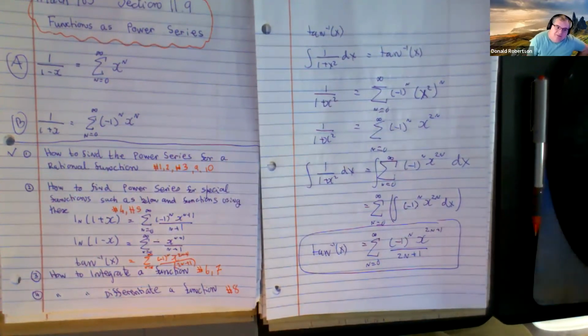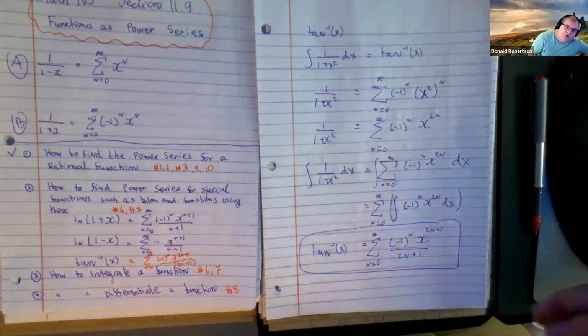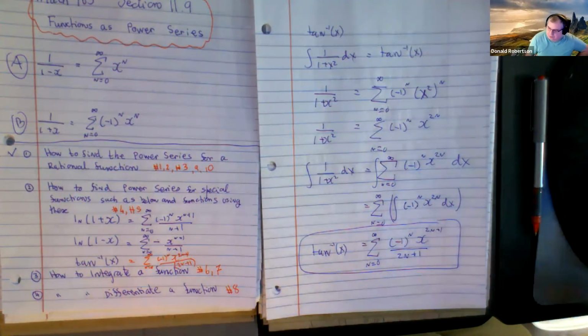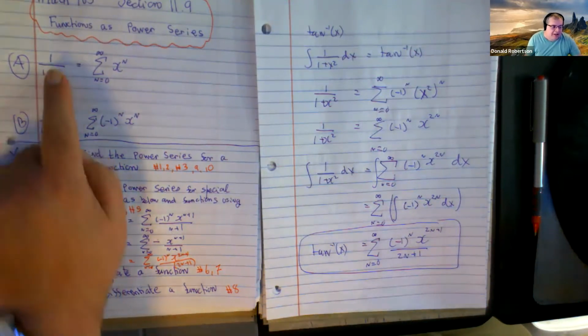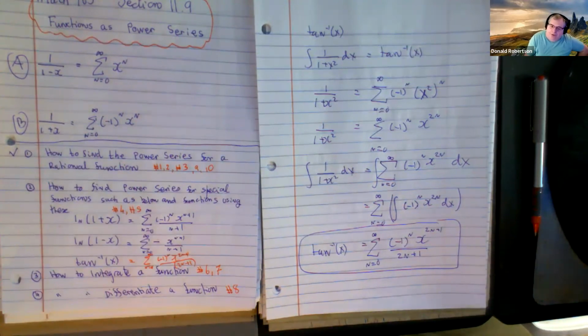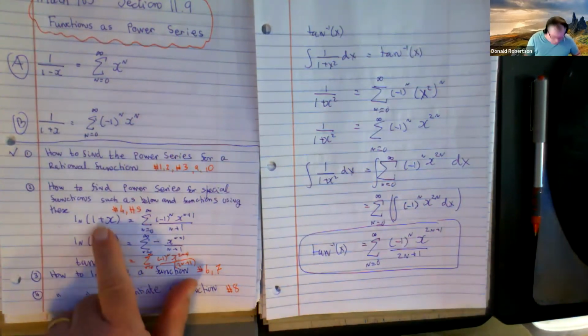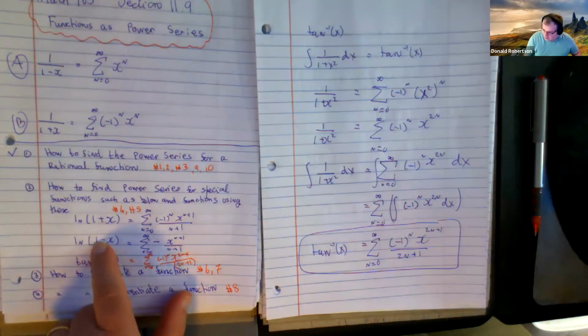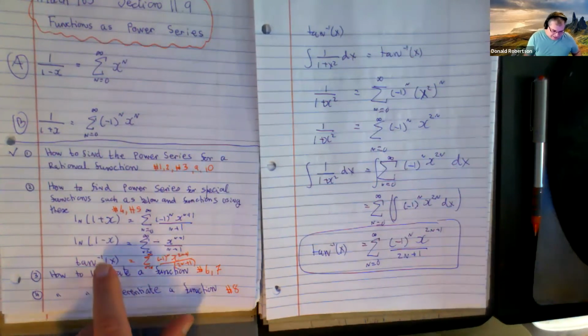So if you can find a function that when you integrate it gives you something interesting, and that function that you integrate is in this family A or B, you can find the power series for the log of 1 plus x, the natural log of 1 minus x, and inverse tan of x.